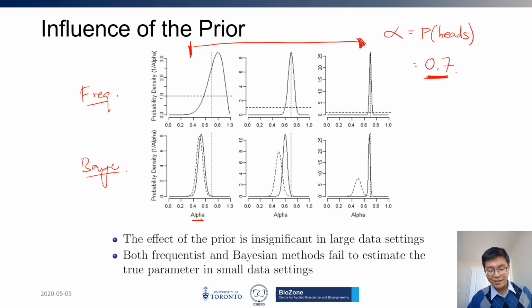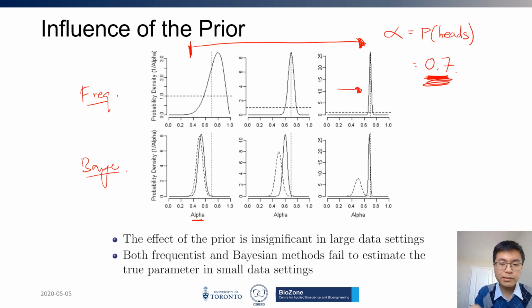One minute detail is that frequentists would not say they're estimating a true probability. They're simply observing the actual probability that is in the empirical data. So they're not really doing any estimation here. But we know the actual probability is 0.7, and it seems that they're correct after we observe a lot of coin flips.